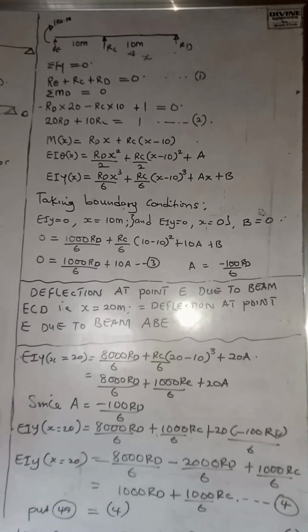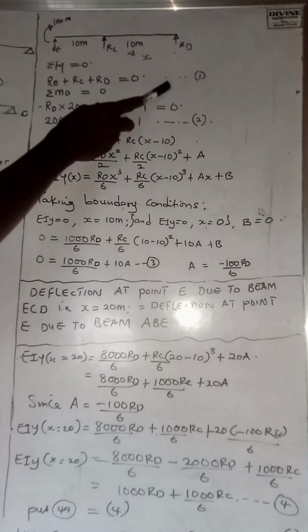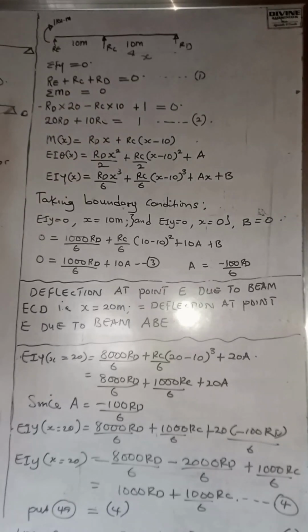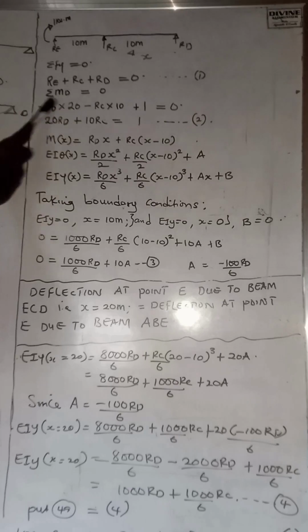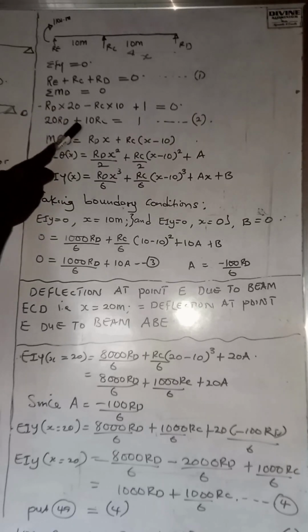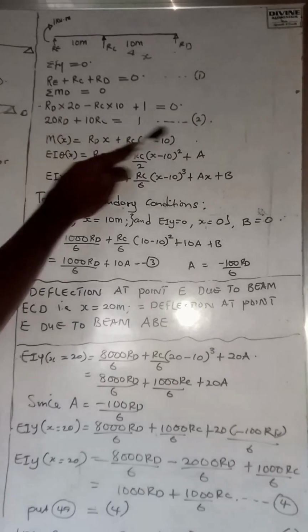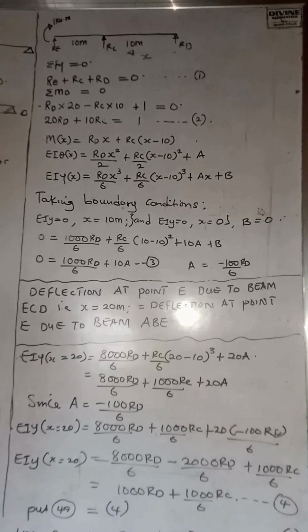We start by obtaining the algebraic sum of vertical reactions, and we have the expression as equation 1. The next step is to take moment about point D. We did that, and we have our expression to be 20 RD plus RC equal to 1. We call that equation 2.